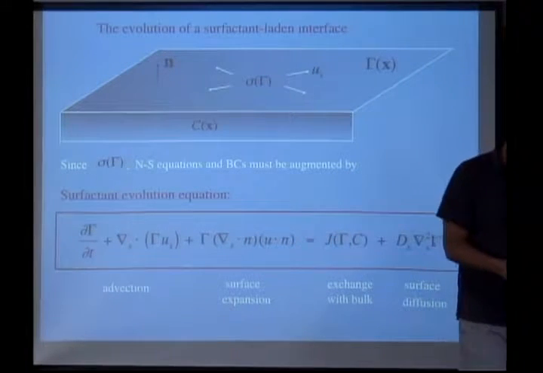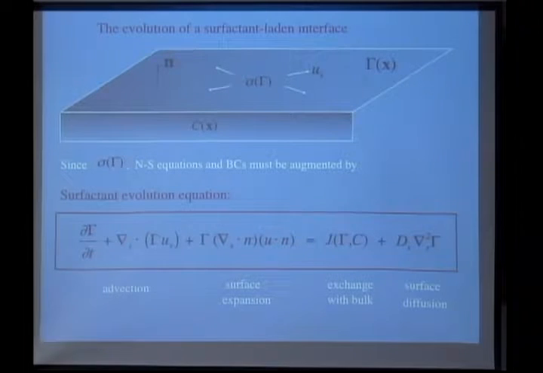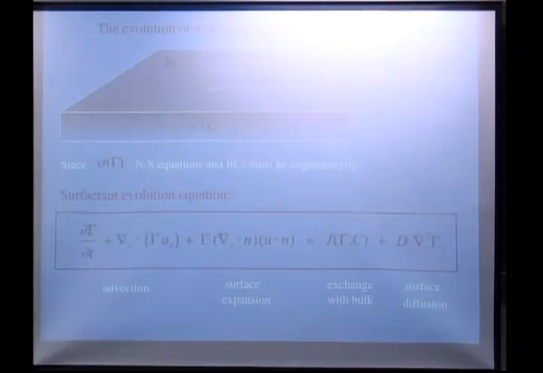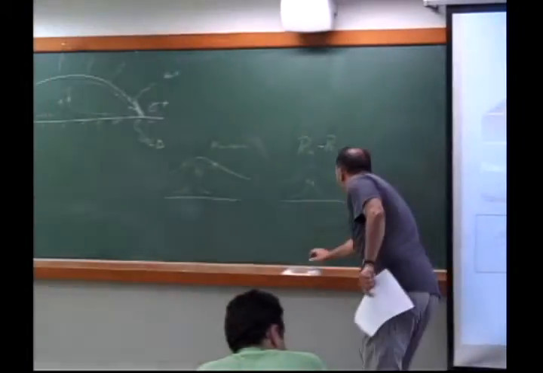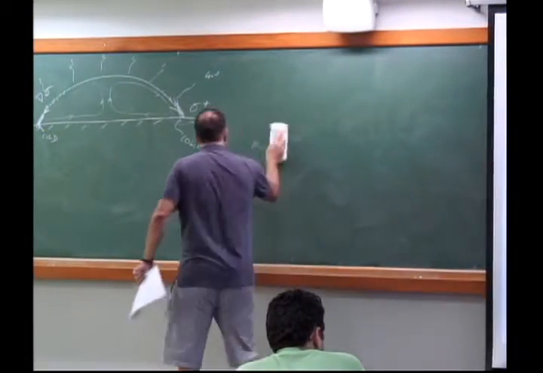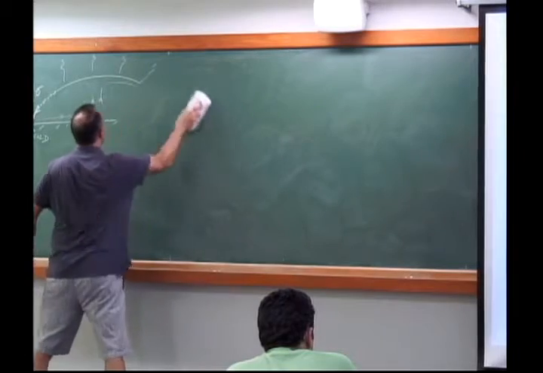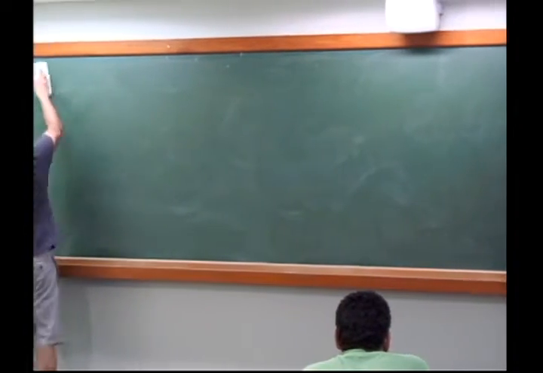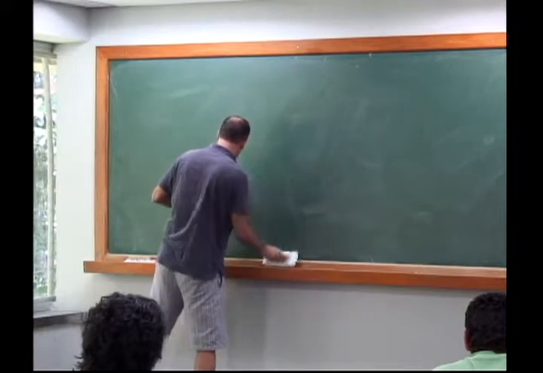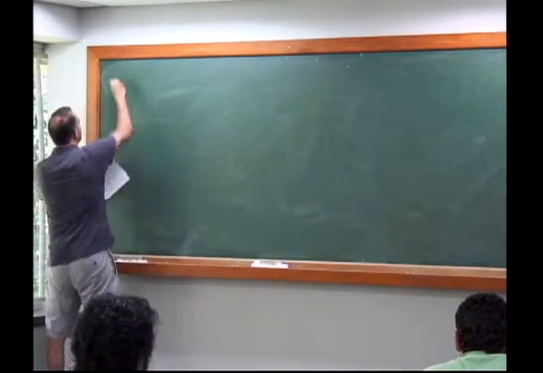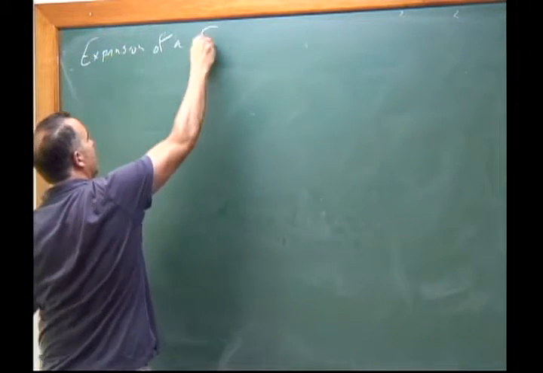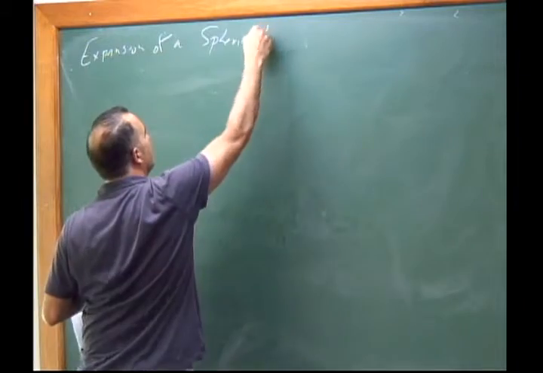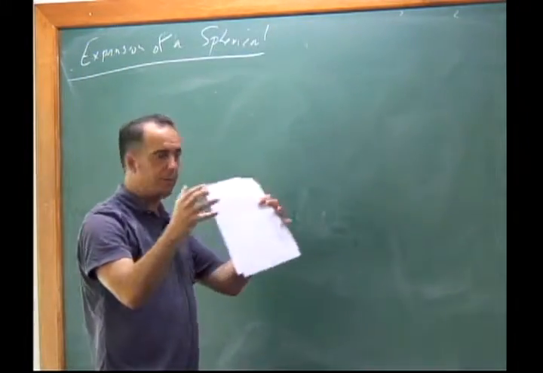Okay? So let me just solve, to highlight the role of this surface expansion term, we'll solve a little problem here. So if you look at the expansion of a spherical bubble, you can ask how the surfactant concentration is going to evolve with the bubble radius if it's just expanding.